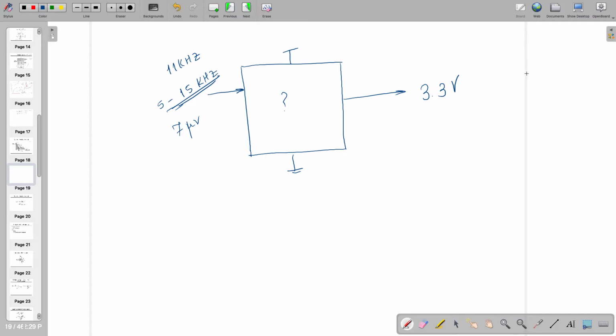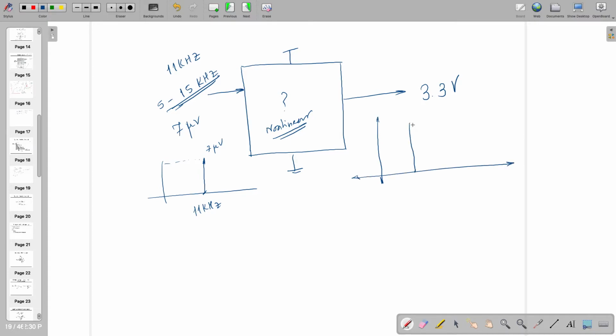But when it's going through this circuit, which is non-linear by nature, by the way, even though I feed 7 microvolt at, let's assume, 11 kilohertz, at the output I am going to see, let's assume 3.3, but I am also going to see 22 kilohertz, 33 kilohertz, 44 kilohertz, and so on, right?